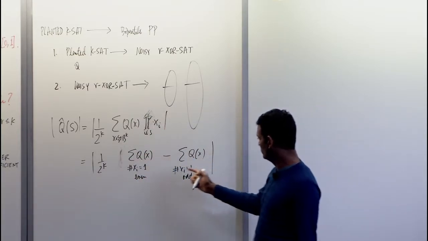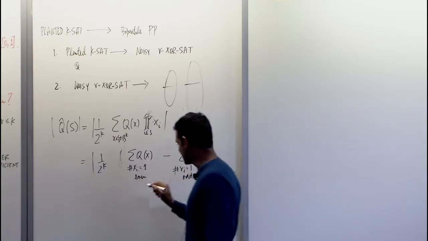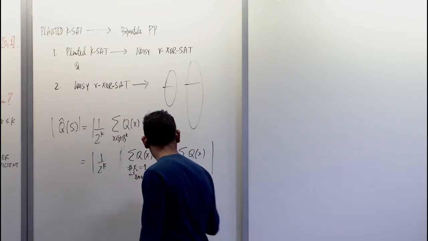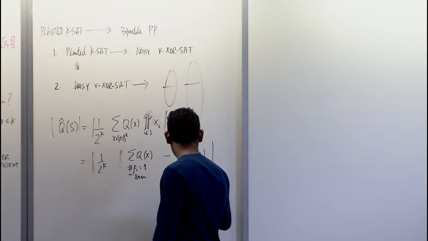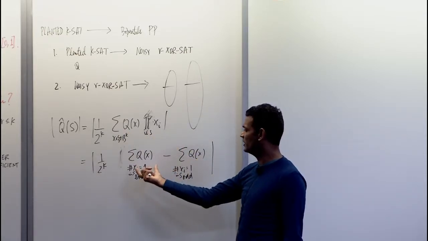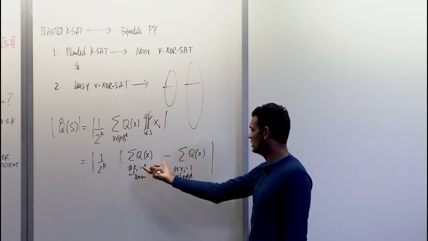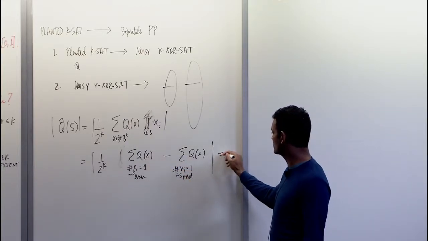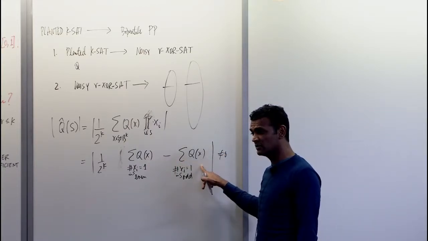Now the xi's in S, that's important. The i's in S are all that matter for this. So you're looking at how many i's in S are even, how many are odd. That gives you the function. This is not equal to 0, so these two are different.